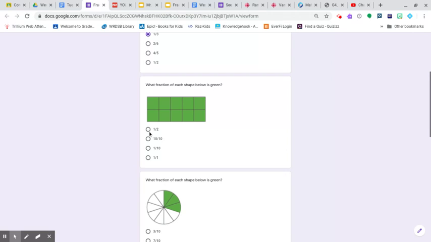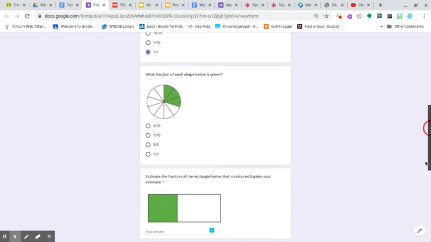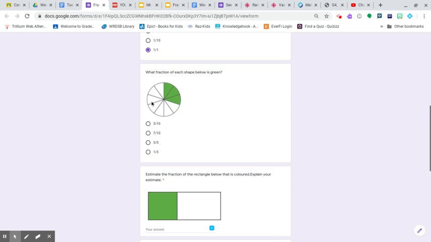This one also had two answers, 10 out of 10 because there's 10 equal parts, or 1 out of 1, which is one whole. The whole thing is covered, which means it is a whole. What fraction of each shape below is green? So you have to make sure you count all of them. 1, 2, 3, 4, 5, 6, 7, 8, 9, 10. So 3/10.